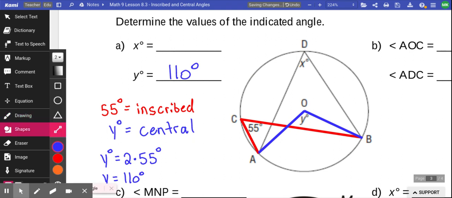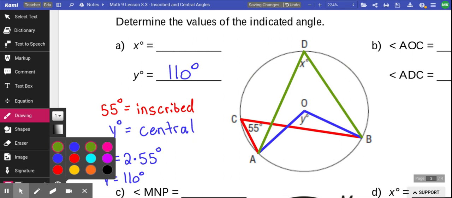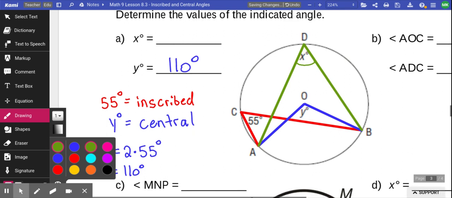We now have another angle. So we have from A to D to B. That angle ABD is another inscribed angle from A to B. Just like this was an inscribed angle at 55 degrees, that's an inscribed angle up there connecting A and B. And we know that inscribed angles are congruent, meaning they're the same.